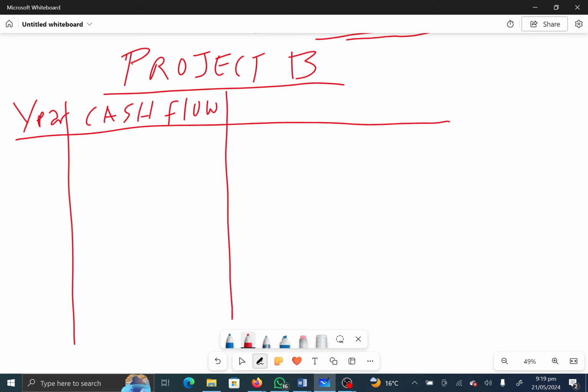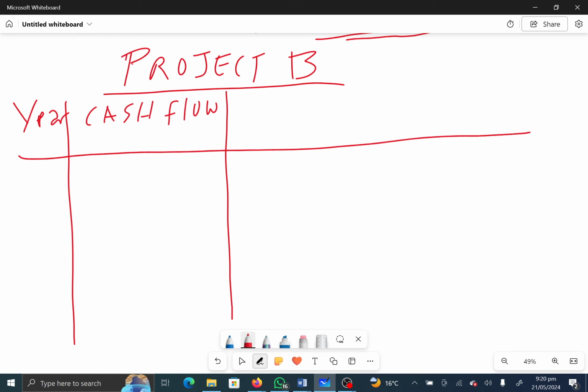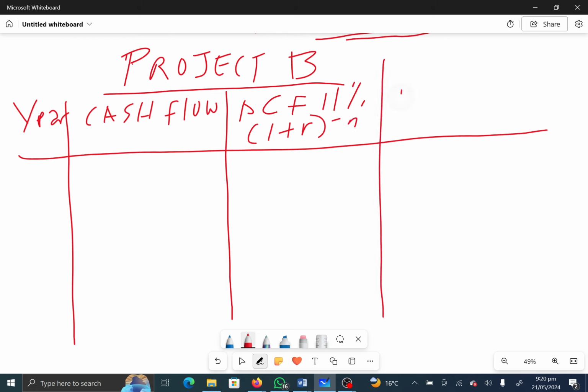Then we have the discounted cash flow, DCF, at 11%. From the formula, it is 1 plus R to the power negative n. Then we have our present value at the end. So this is the easiest way of calculating NPV.